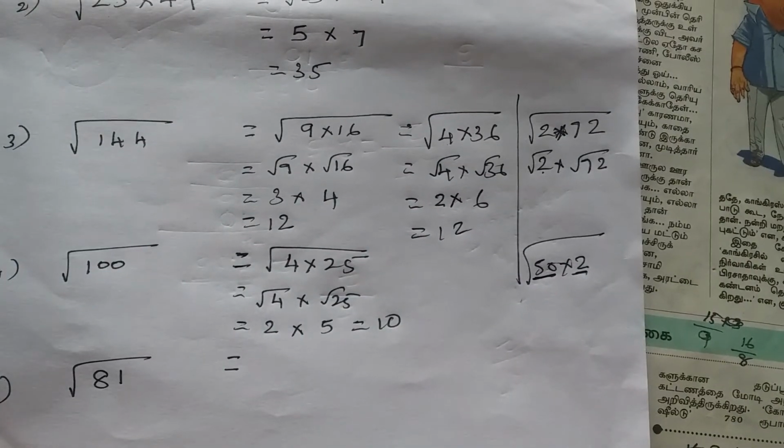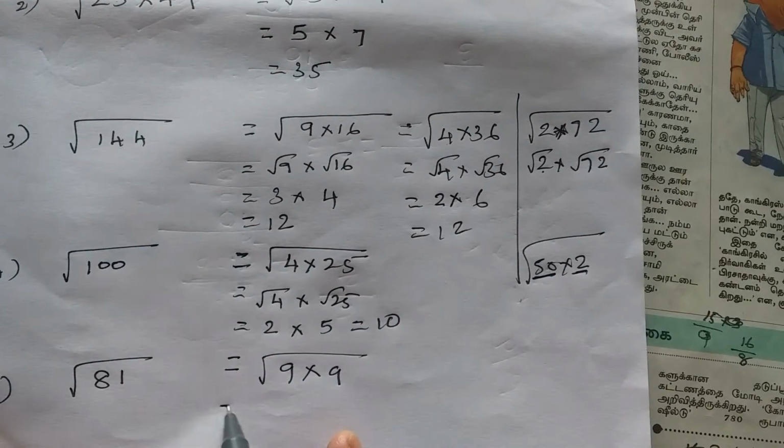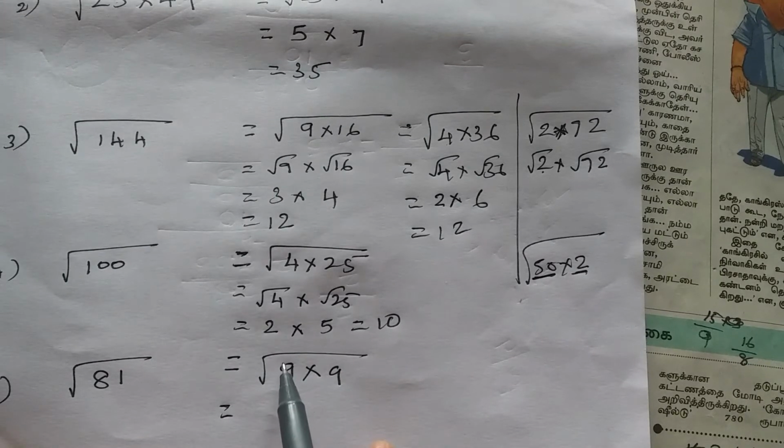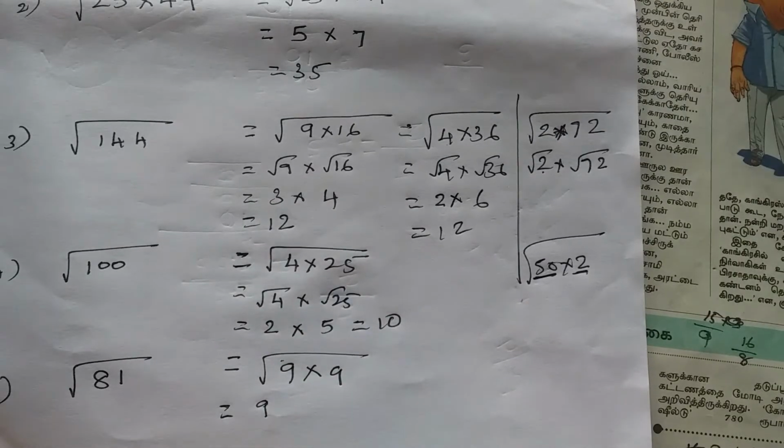Now for 81, it is so easy to think. We know 9 9s are 81. Here, one more concept of square roots also can be used. What is the meaning of square root? When you find square root, for every two same factors, we select one factor. So directly for both the 9s, you can take one 9 and that itself is the answer.